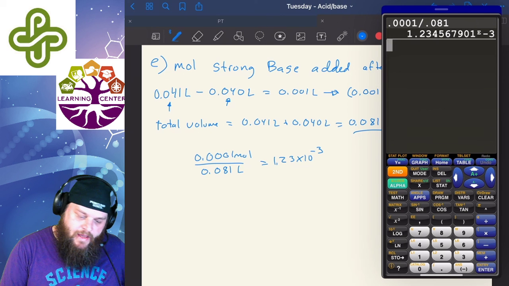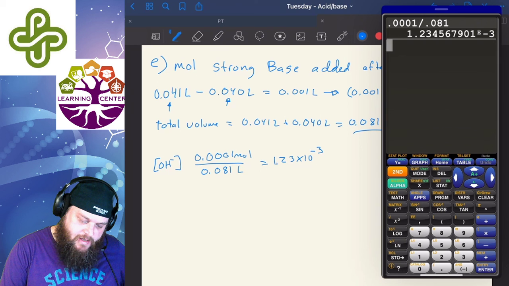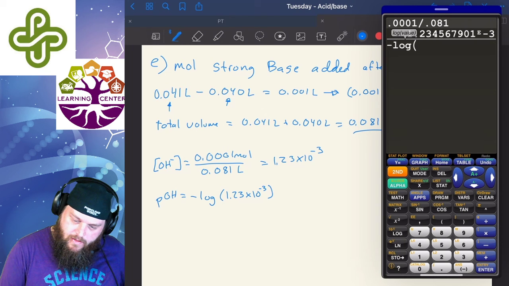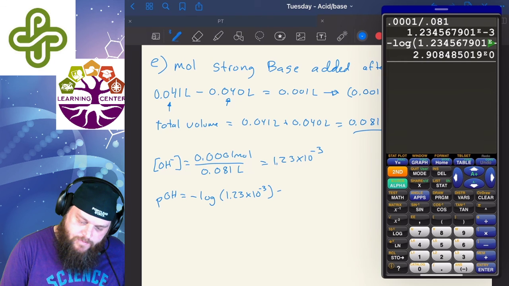Now that we have that, remember this is the concentration of OH, the hydroxide. So we can say that pOH is equal to negative log of 1.23 times 10 to the negative 3. That's negative log of this guy, which is equal to 2.9.